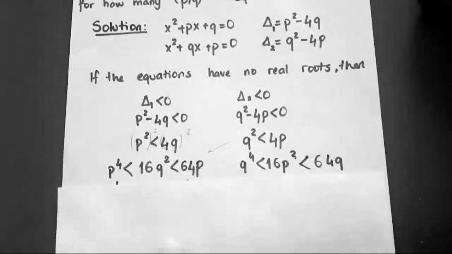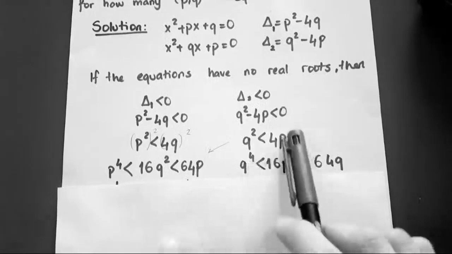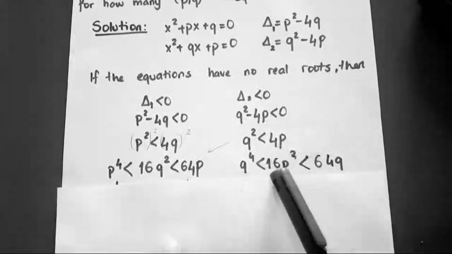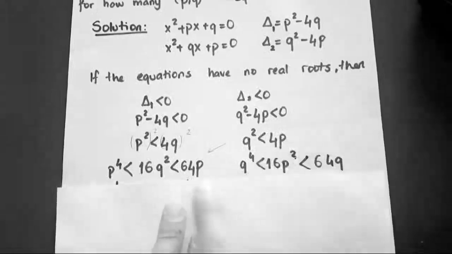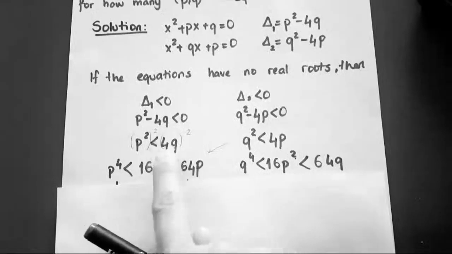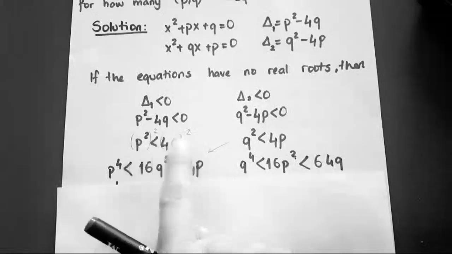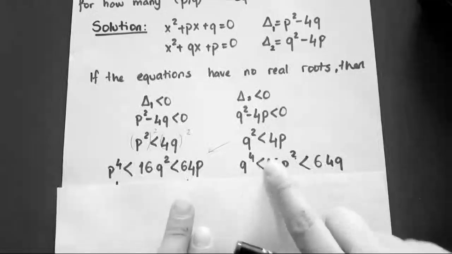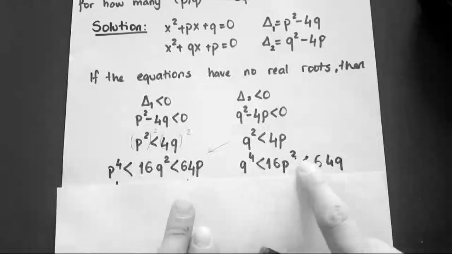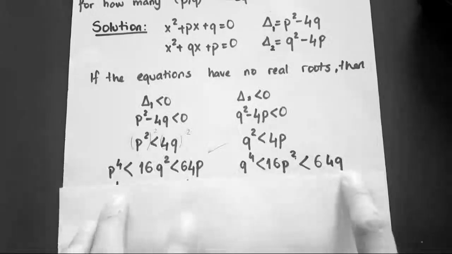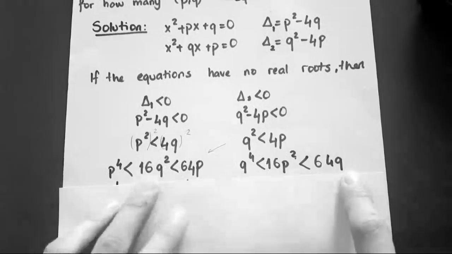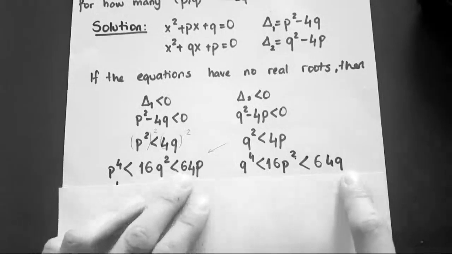Yes, I can. In the same way, if I square both sides of the inequality, q to the power of 4 is smaller than 16p squared. By the same method, from p squared smaller than 4q, I can multiply both sides by 16 and I will get q to the power of 4 is smaller than 16p squared is smaller than 64q, and from the first one I got p to the power of 4 is smaller than 16q squared is smaller than 64p.